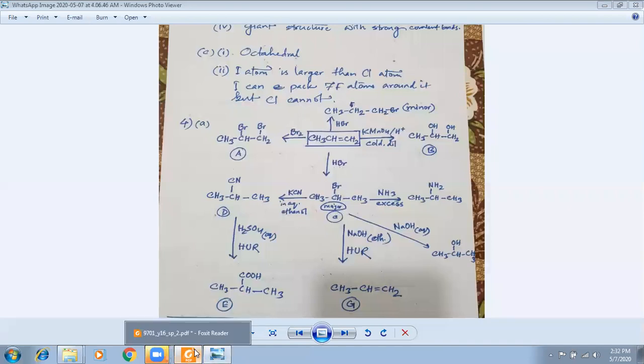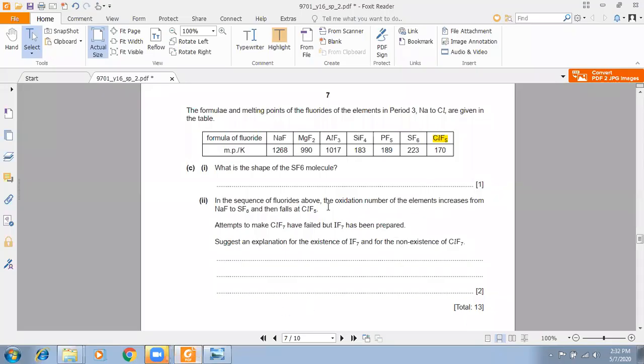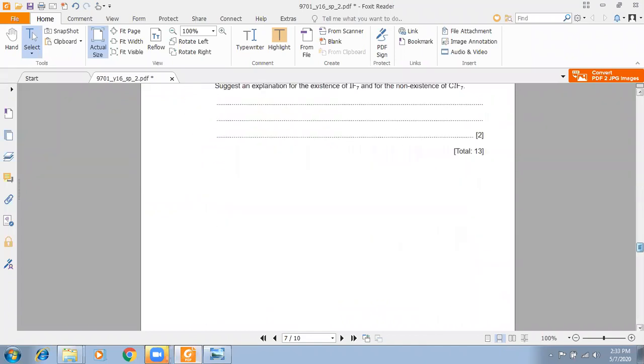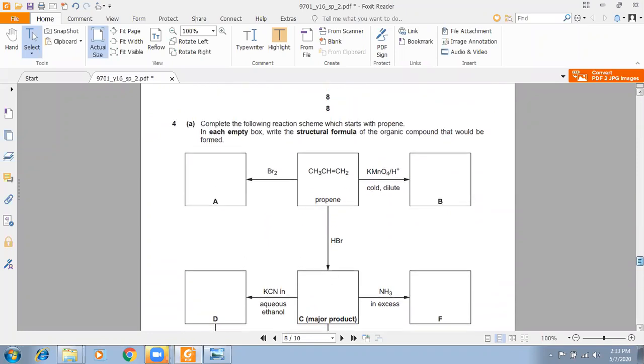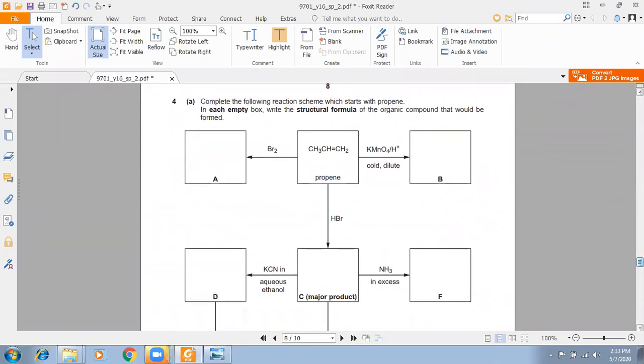Okay, so let's go back to the question once again. Come to question number 4. Complete the following reaction scheme which starts with propene. So propene, this is an alkene, right? Propene is an alkene. When you carry out the reaction, the main reaction of an alkene is electrophilic addition.